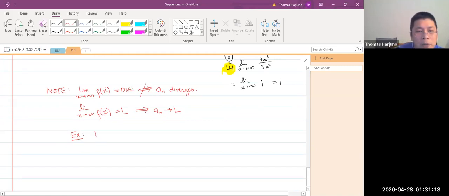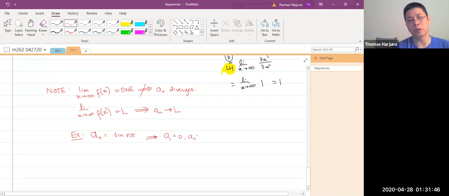For example, consider this sequence here, sine of n pi. What is a sub 1? A sub 1 is 0.